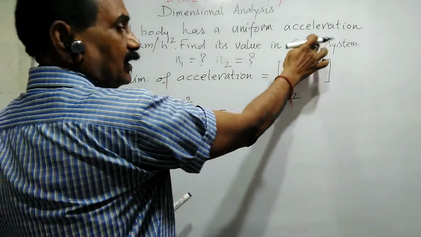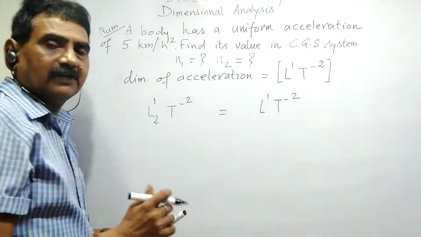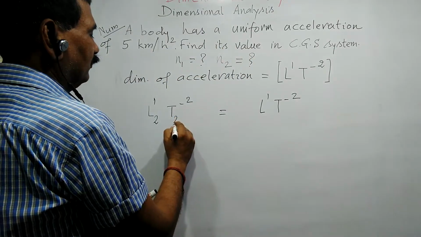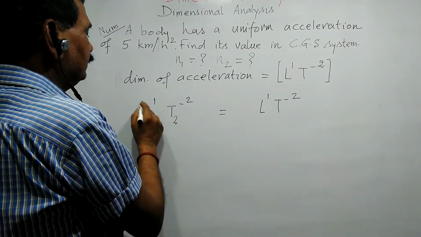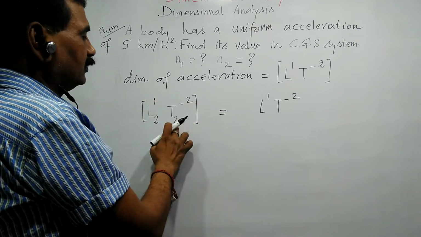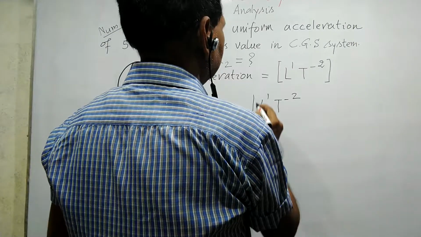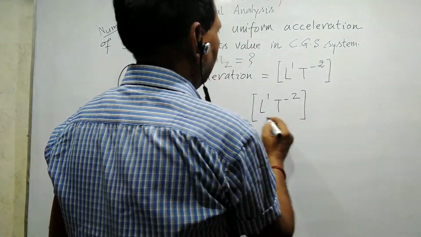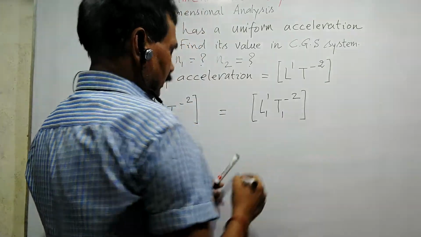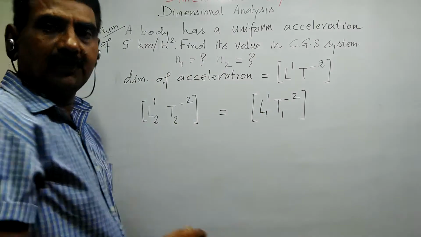The one which you have to find out, we will take as second, and the given one as first. Then write this suffix 2. This second system is L2 to the power 1, T2 to the power minus 2, the dimension of acceleration, and here with symbol 1, the first system, this represents kilometer per hour squared.